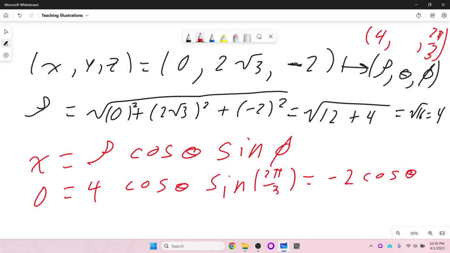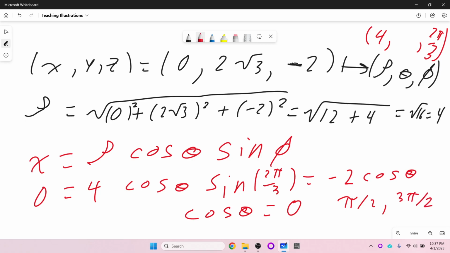So if that's the case, then it's clear that cosine of theta must be 0. So what angle has a cosine of 0? Well, we've actually got two options, don't we? We've got pi halves or 3 pi halves.